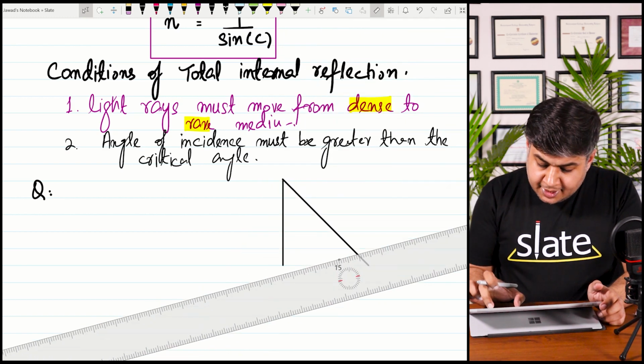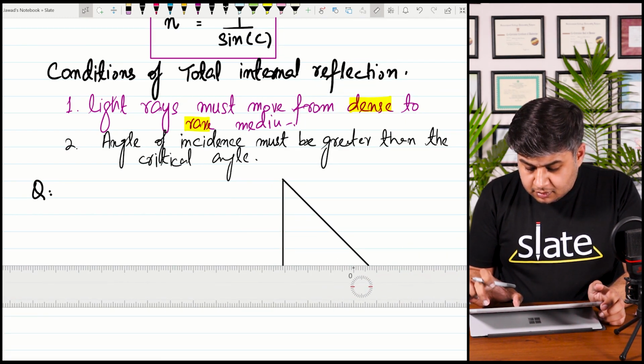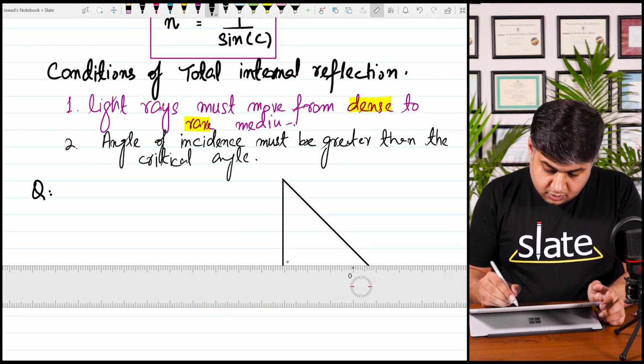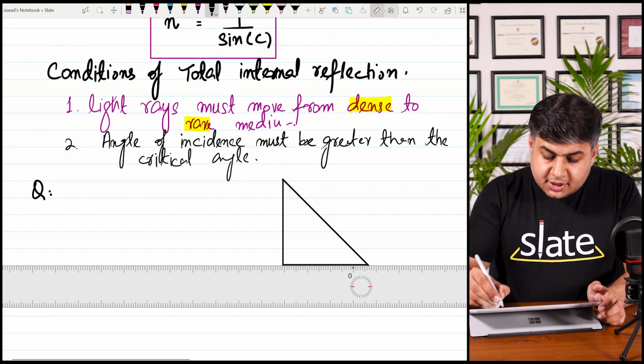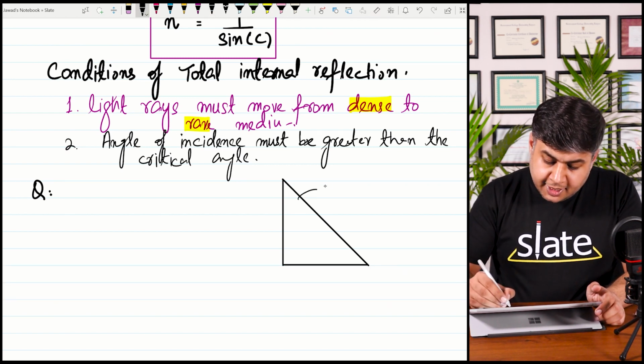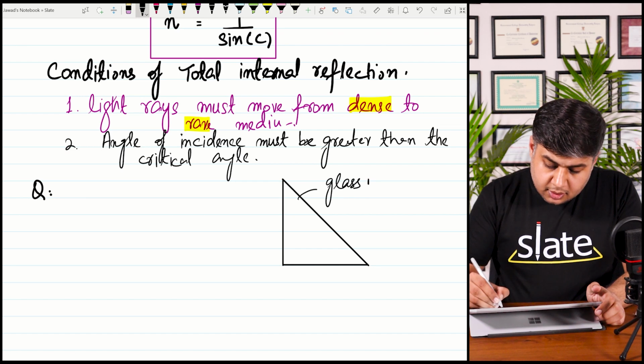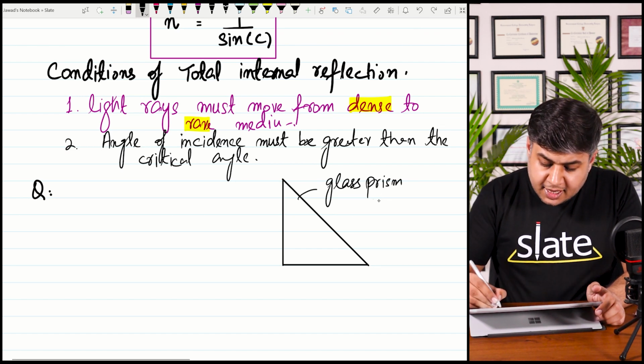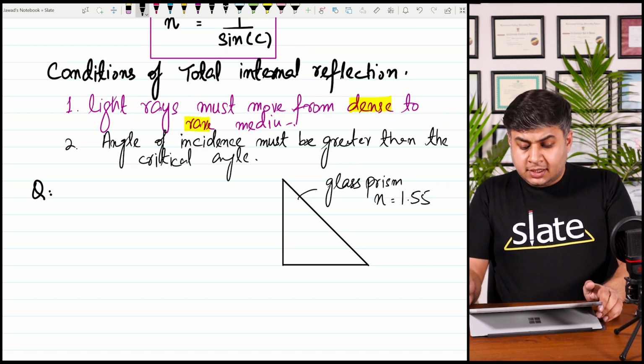So this is a glass prism, ठीक है, and this glass prism has value of refractive index n is equal to 1.55, right?